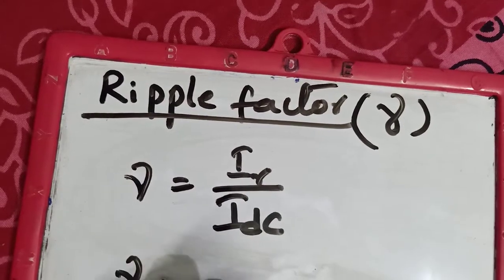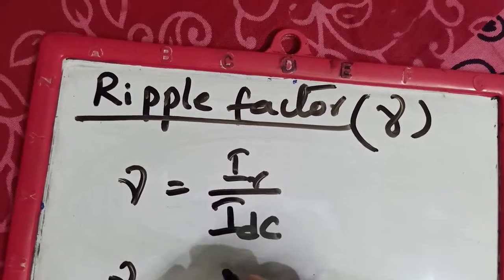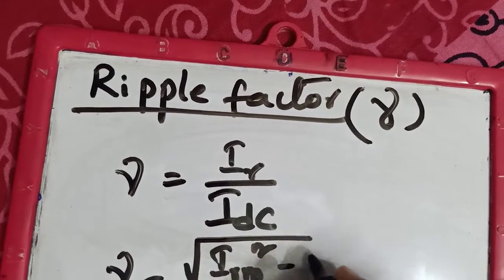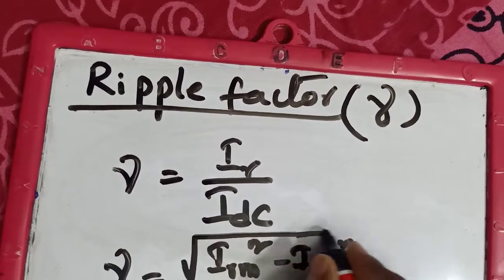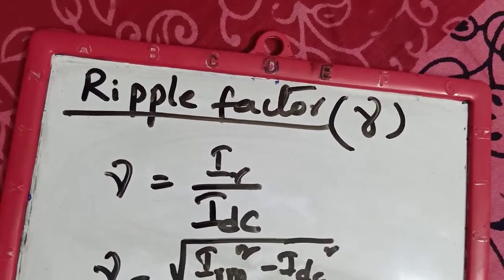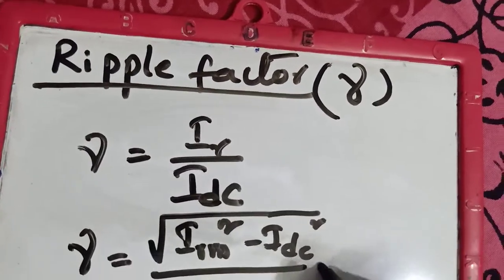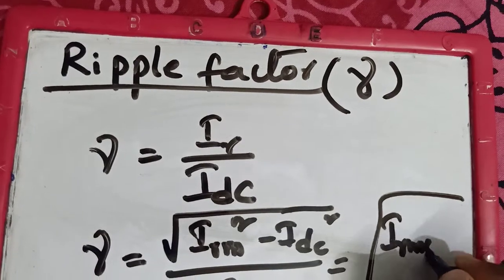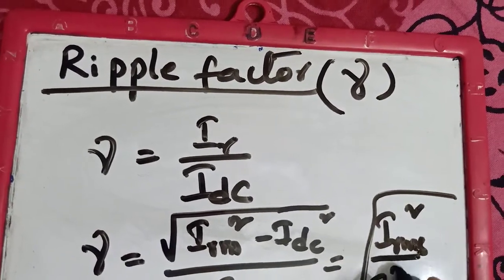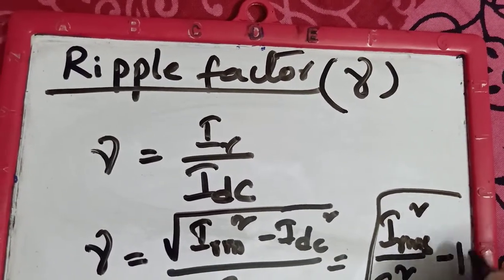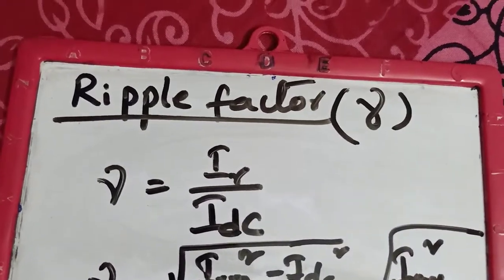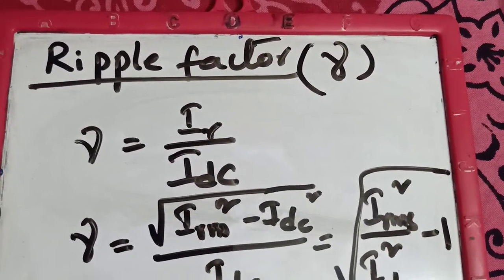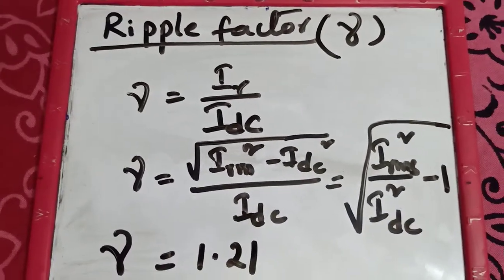So gamma equals root of IRMS square minus IDC square by IDC, which is root of IRMS square by IDC square minus 1 when simplified. After simplifying, we get 1.21 as the ripple factor for the half-wave rectifier.